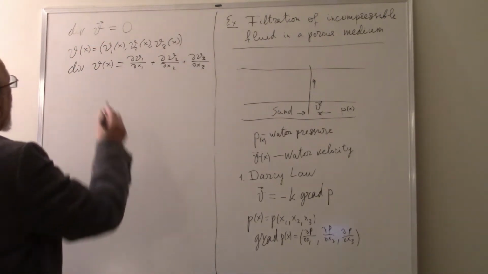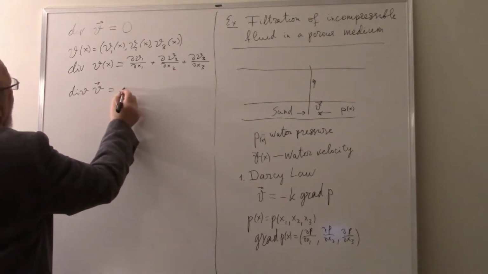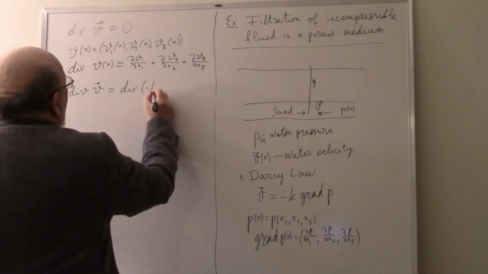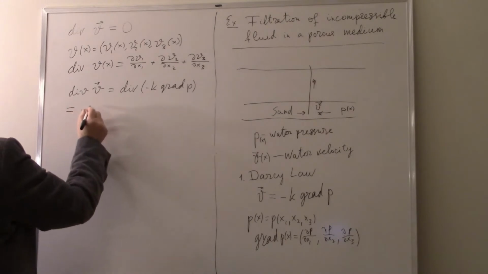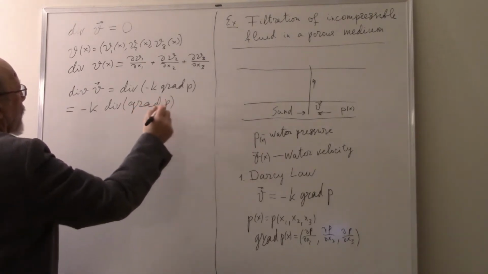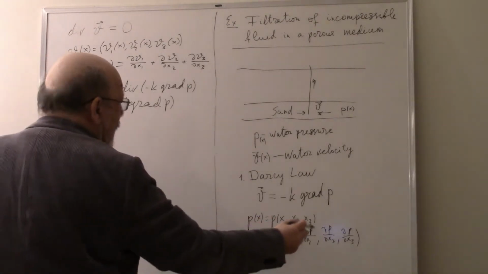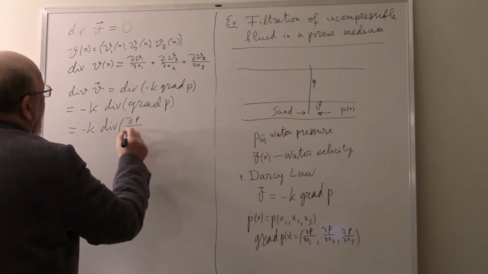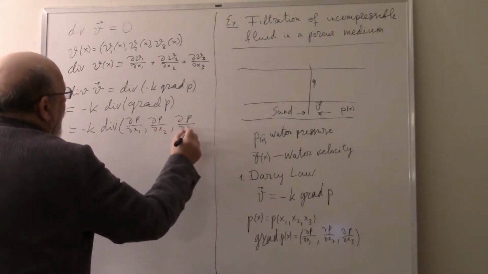Yes? So if you substitute here, divergence V equals divergence of minus k gradient P, which equals minus k divergence of gradient P. Now we have to substitute gradient P: dp/dx1, dp/dx2, dp/dx3.